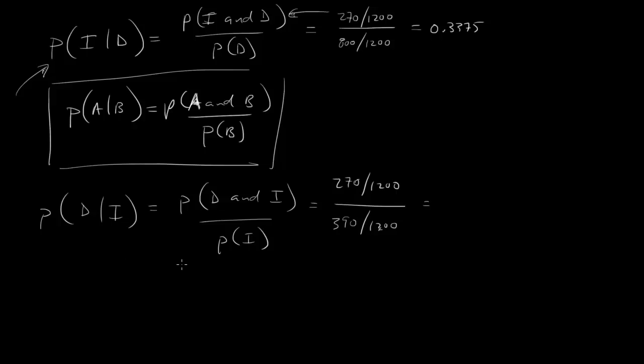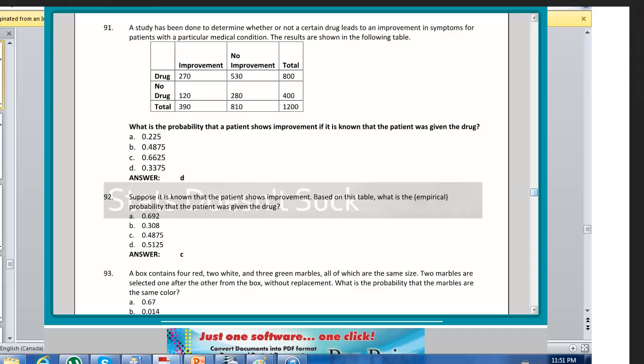So it's 0.6923. Alright, so how does that work with what we see here? Suppose that it's known that a patient shows improvement. Based on this table, what is the empirical probability that the patient was given the drug?